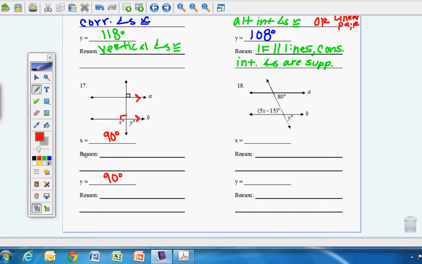And the reason of this is going to be if a transversal is perpendicular to one of two parallel lines, it is perpendicular to the other.